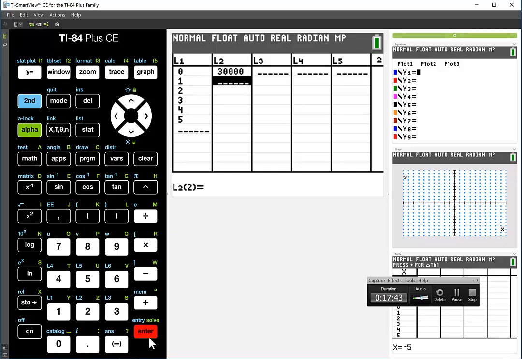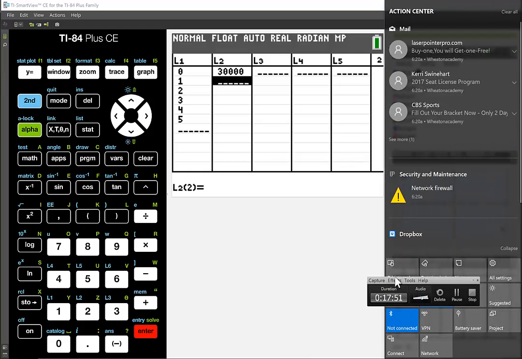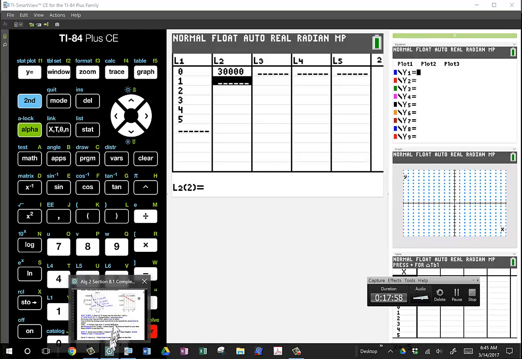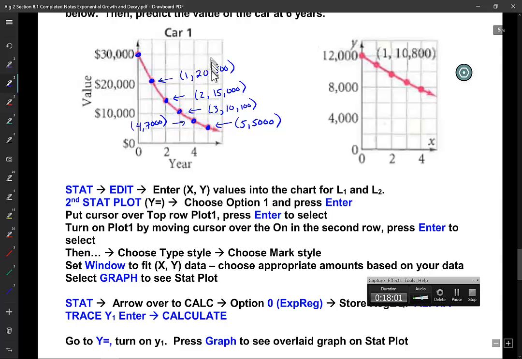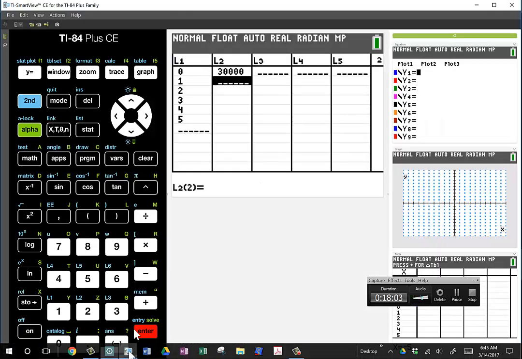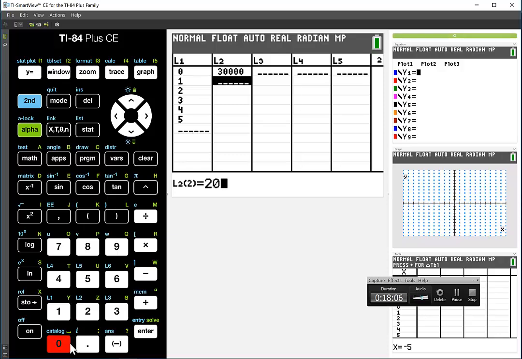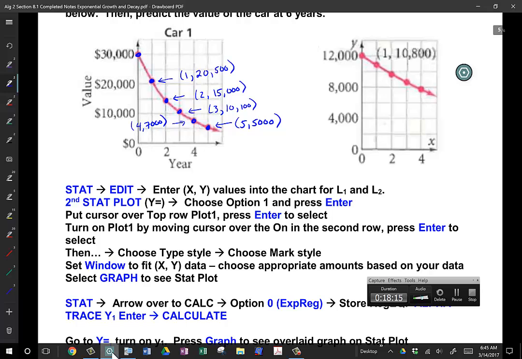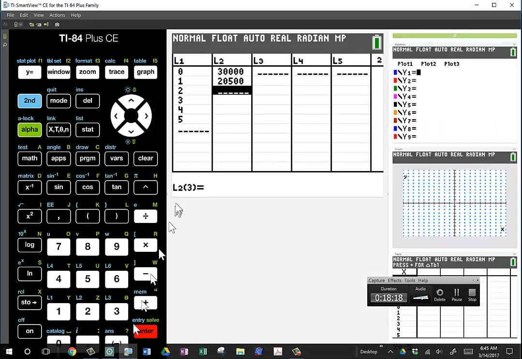At 1, we have to remember what we said that value was. At 1, we said it was at 20,500. At 2, we said it was at 15,000.